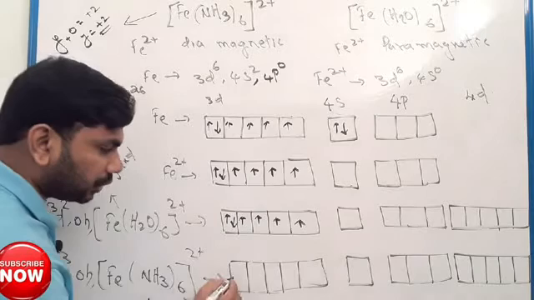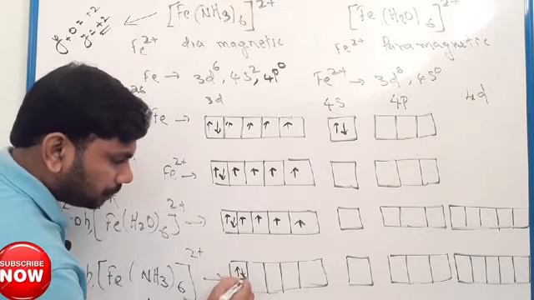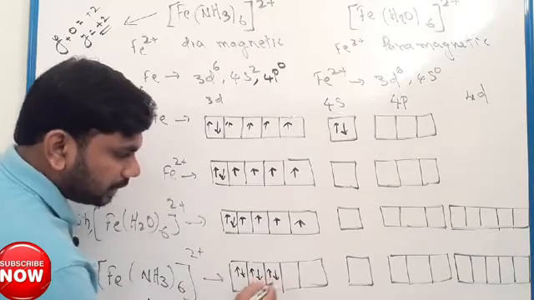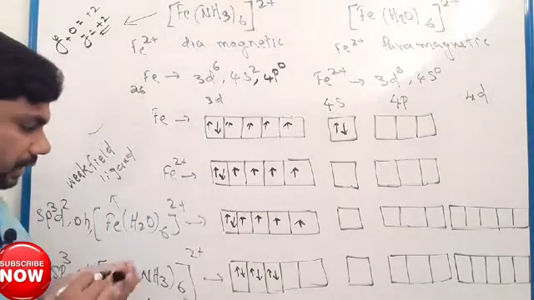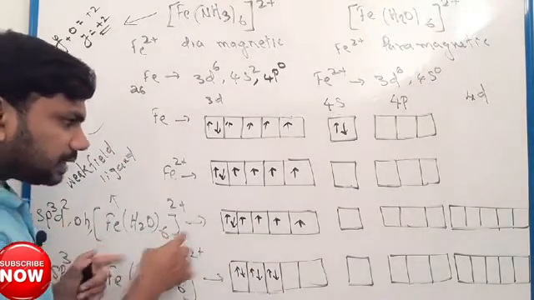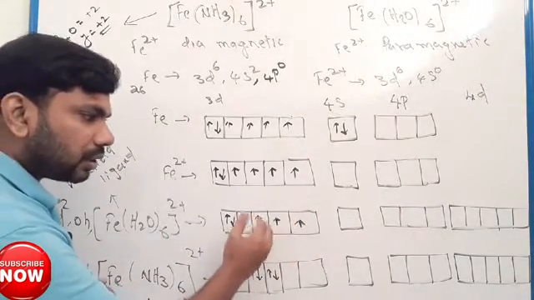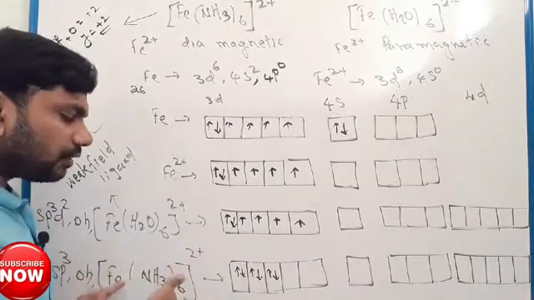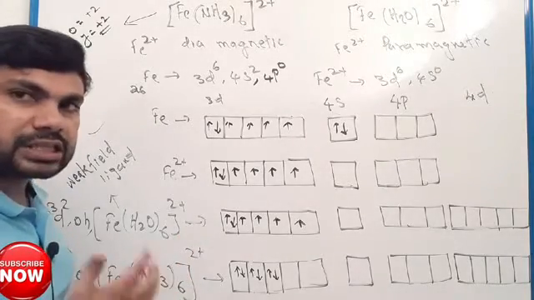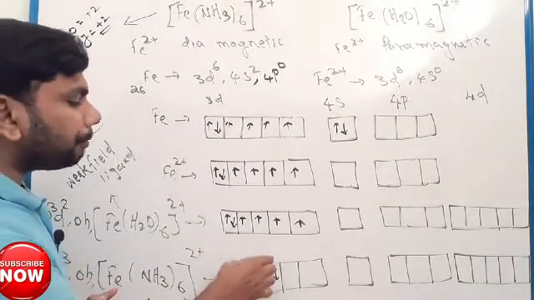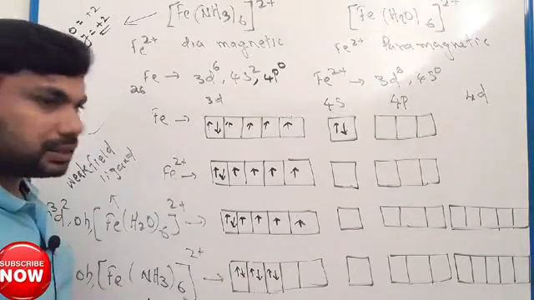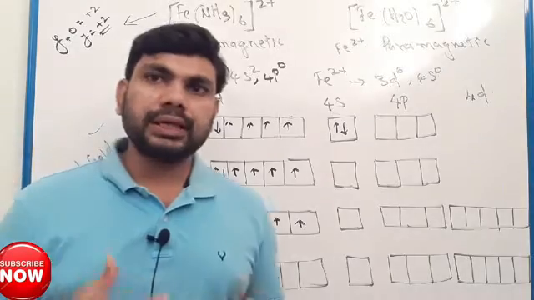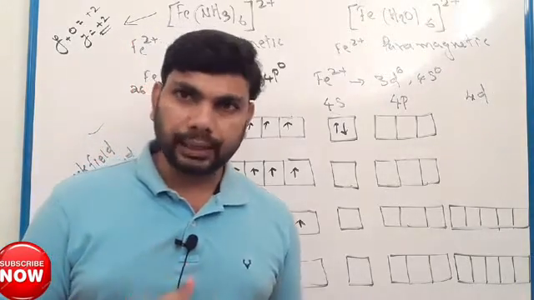Here 6 electrons, 1, 2, 3, 4, 5, 6. Look at this difference. Here it is a weak field ligand, so the unpaired electrons stay like that. But here NH3 is a strong field ligand, so pairing takes place. This is the pairing. This is what you have to understand about pairing.